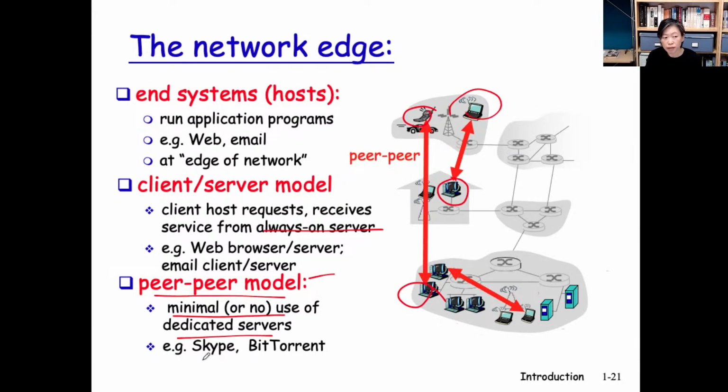There do exist several of these peer-to-peer applications. Skype is one example. BitTorrent, I'm sure some of you have used it before, is a very dominant example, and it's still very popular now. Besides these two, there's one example that you might go, oh yeah, that's right: Bitcoin, or cybercurrency.